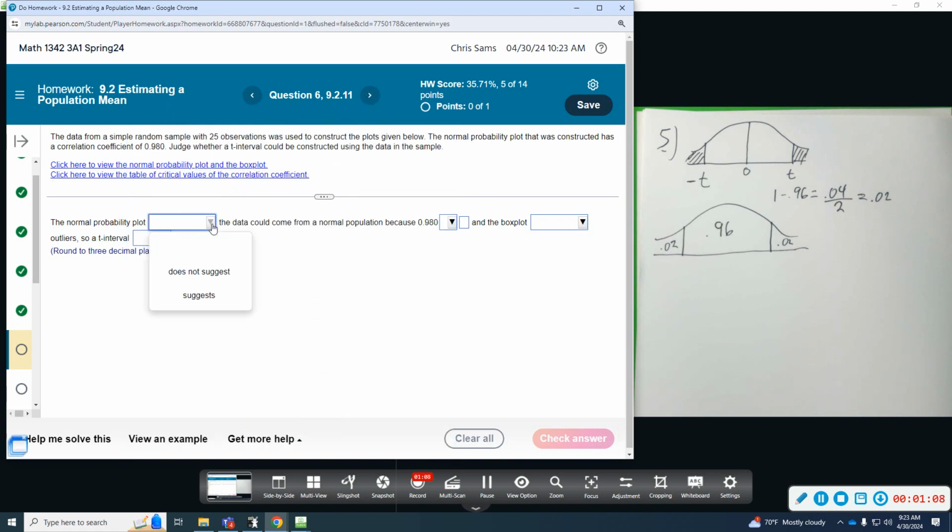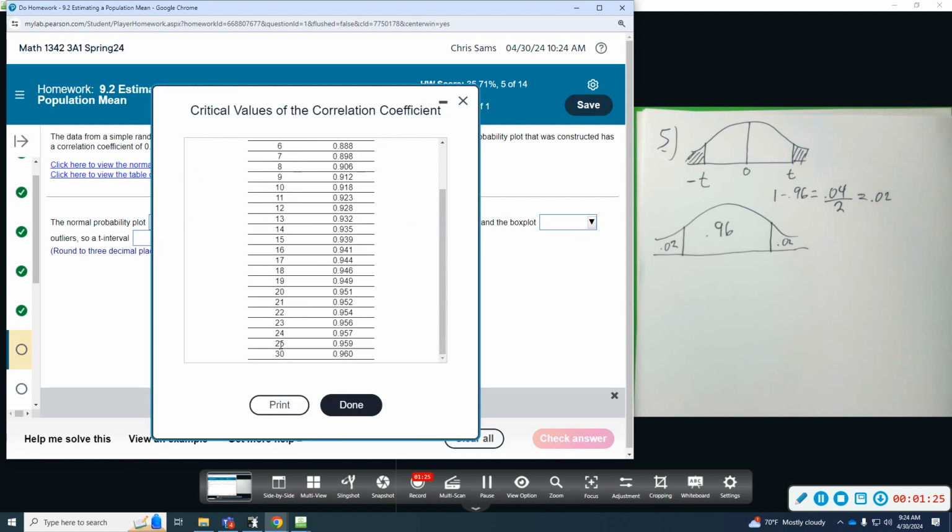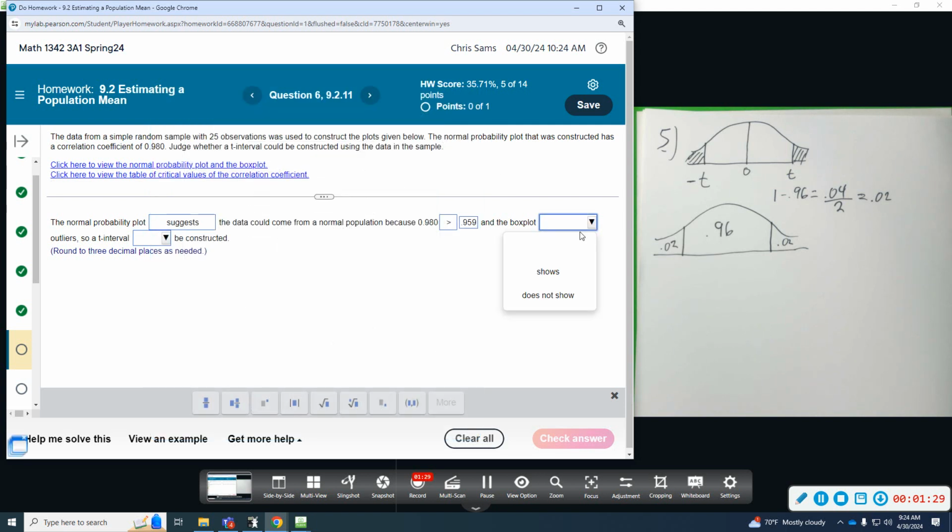So the probability plot suggests that we could use the normal because the 0.980 is greater than 0.959. That came from 25, 0.959. And the box plot does not show outliers, so a t-interval could be used. So that was one of those descriptions in the back.